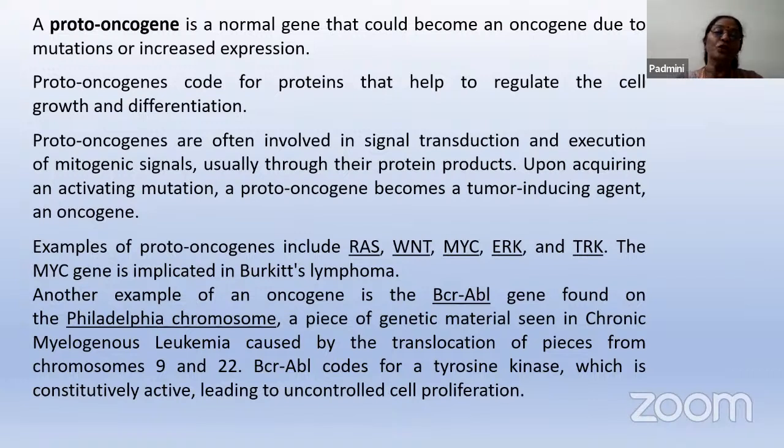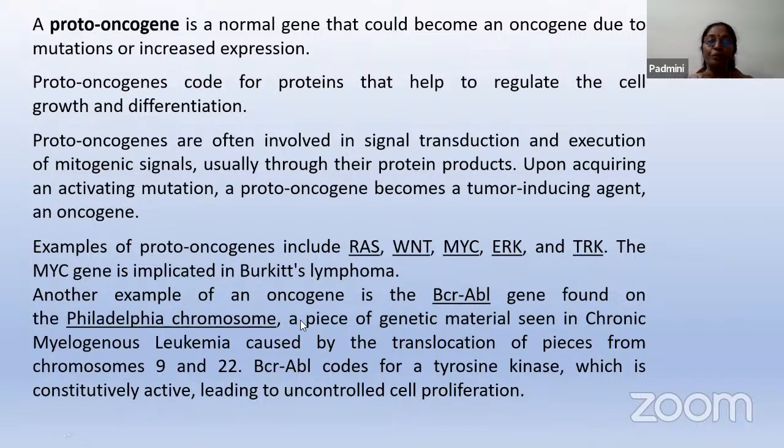The proto-oncogene codes for proteins that help to regulate cell growth and differentiation, and these are involved in signal transduction and execution of mitogenic signals. Remember what a mitogenic signal is? Mitosis. Upon acquiring an activating mutation, a proto-oncogene becomes a tumor-inducing agent called an oncogene. The proto is removed and it becomes onco, and this oncogene leads to different types of cancer cells.